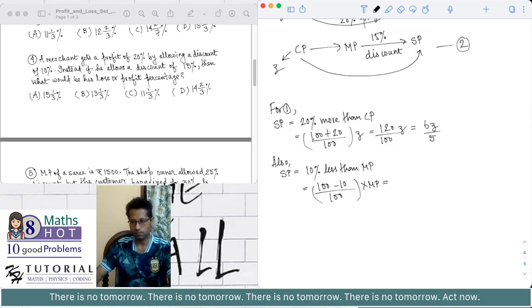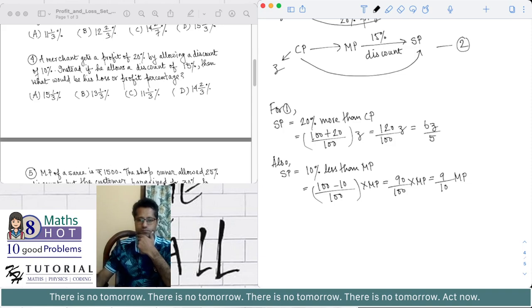This is equal to 90 by 100 multiplied by mark price. This is equal to 9 by 10 mark price. Okay. So for the scenario 1, these two selling prices will be the same. So 9 by 10 mark price is equal to 6z by 5. This implies the mark price is equal to 10 by 9 multiplied by 6z by 5.